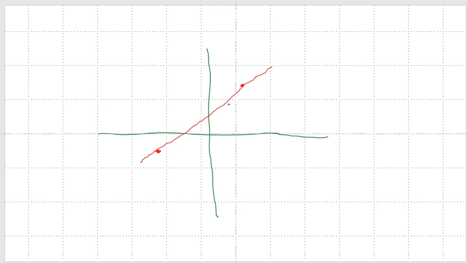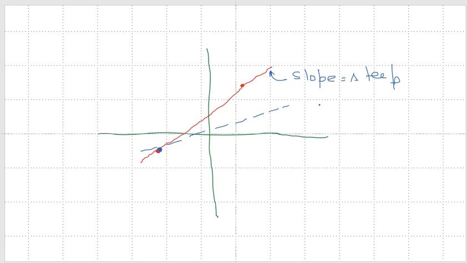So for example, this line has a steepness, but if I take a different line, which might look like this, it may start from the same point, but this line is not as steep. So this property of a line is called slope. Slope of a line is essentially how steep something is.